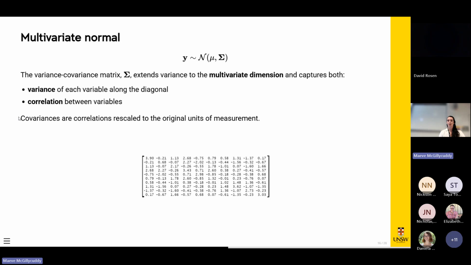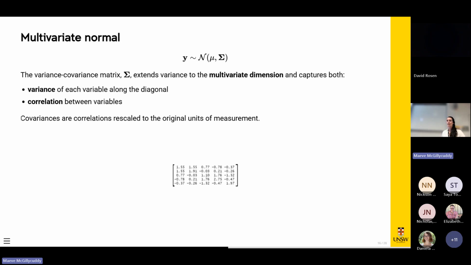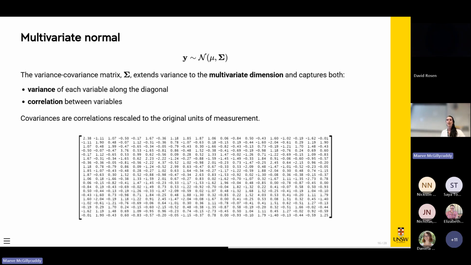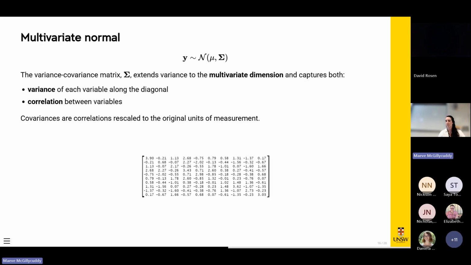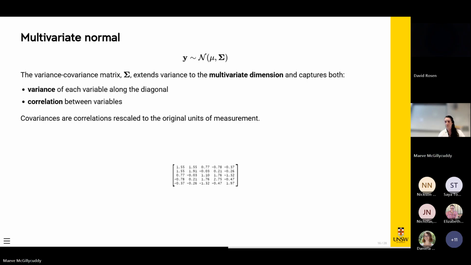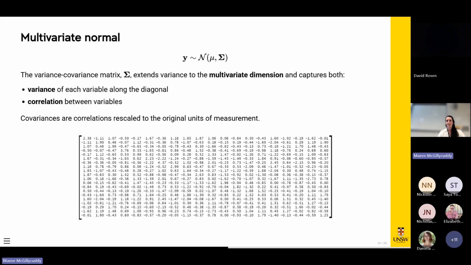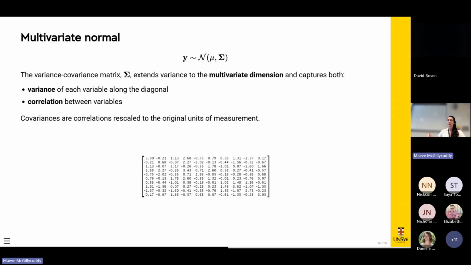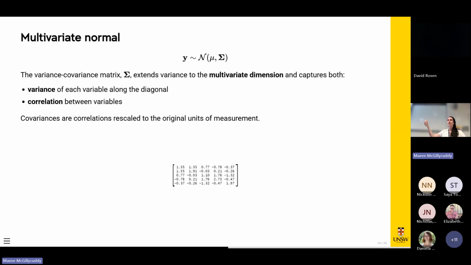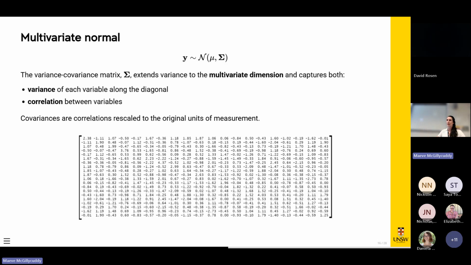And if you're not familiar with covariances, correlation is just on your -1 to 1 scale. Covariance just rescales it to the original units. So that is a MANOVA. We can think of it as just multiple linear regression models, but we're assuming our response is jointly multivariate normal with, instead of just a constant variance, a constant variance covariance matrix.